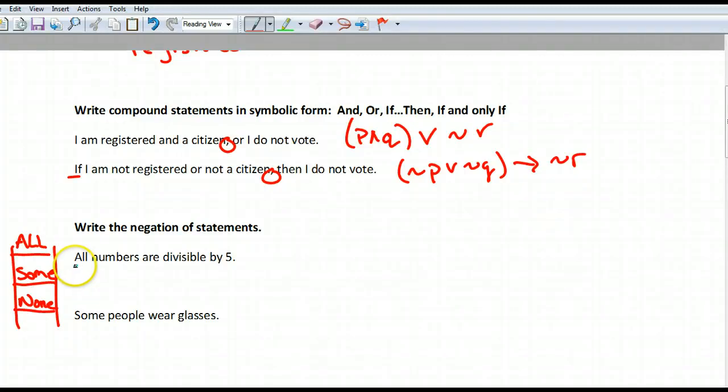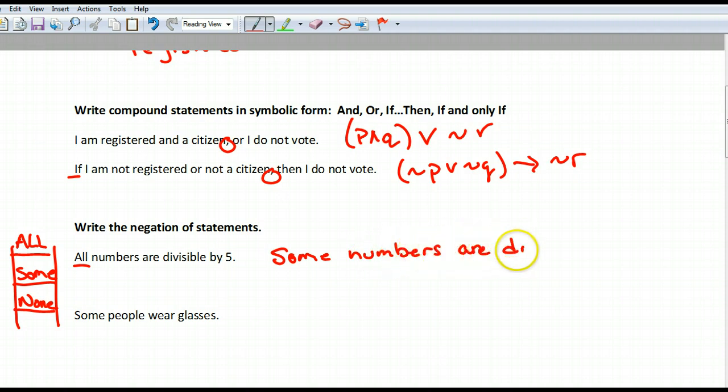Okay, so let's look at this one. We have all numbers are divisible by 5. So how would I negate this? Okay, some numbers are divisible by 5. Some. Okay. Is there another way I could write this, but it would mean the same thing?